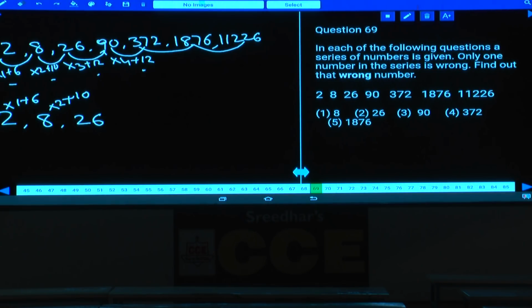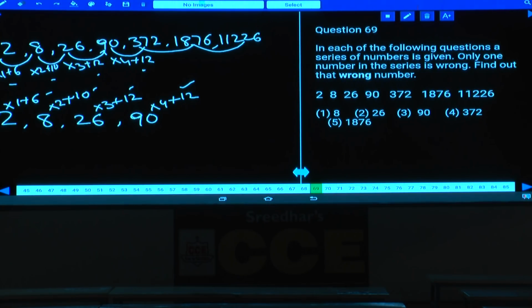Now 26 into 3, 78, 78 plus 12, 90, 90 into 4, 360. Now 360 plus how much? 360 plus 12 again. Now check out these differences: 6, 10, 12, again 12, then 10, 6.